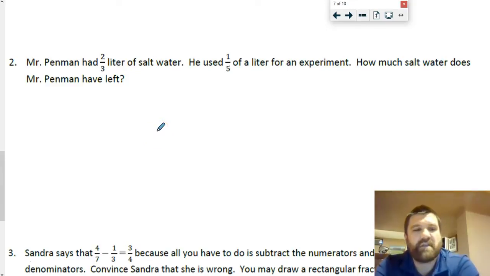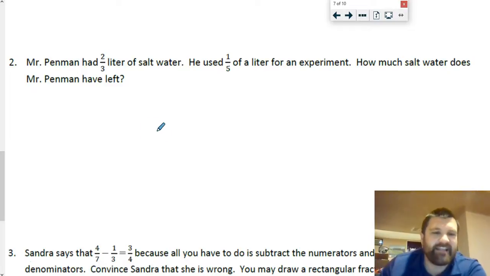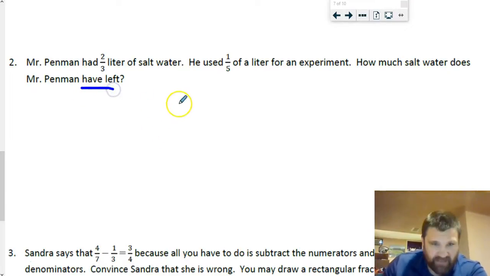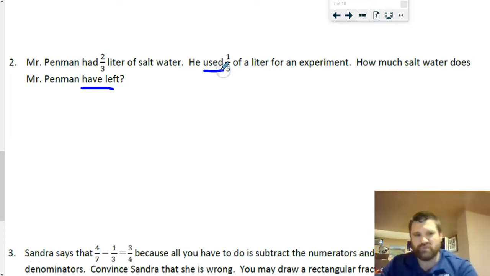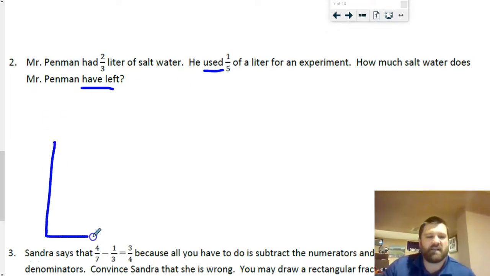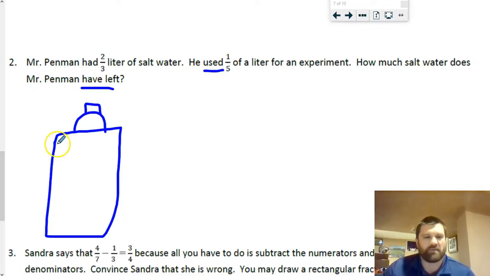So let's look at this. Mr. Penman had 2/3 liter of salt water. He used 1/5 of a liter for an experiment. How much salt water does Mr. Penman have left? Keyword here is used. So he has this amazing bottle of salt water, right?